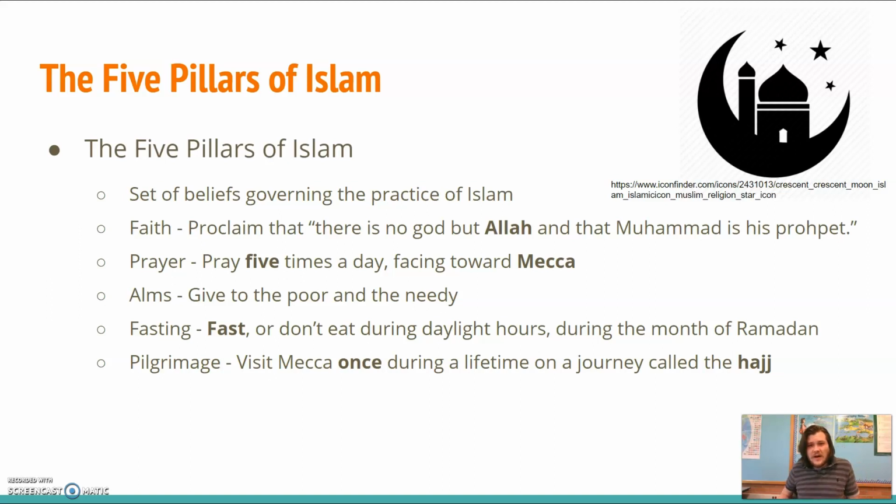And fasting is where you don't eat. And for Muslims, they don't eat during daylight hours during the month of Ramadan. So if the sun's up, they're not eating during Ramadan. And pilgrimage. And that's where you visit Mecca once during your lifetime on a journey called the Hajj. So these are all things that Muslims strive to achieve in their life.